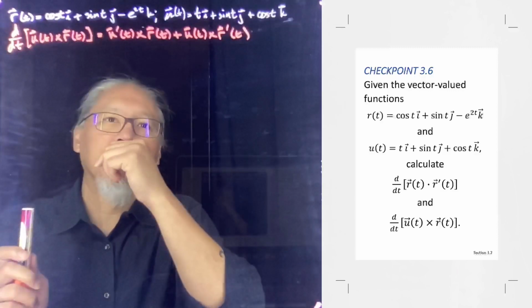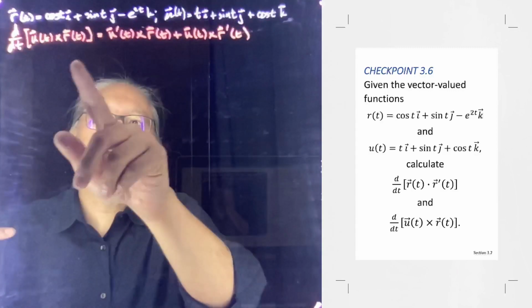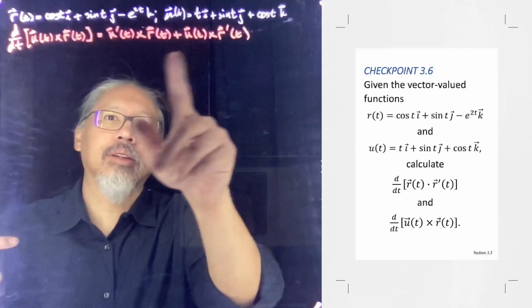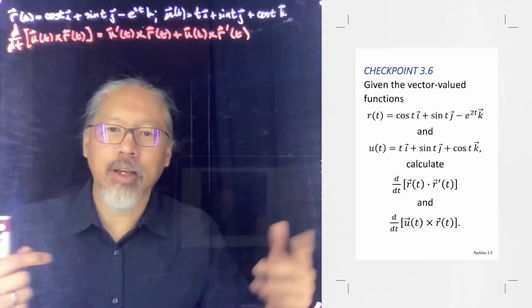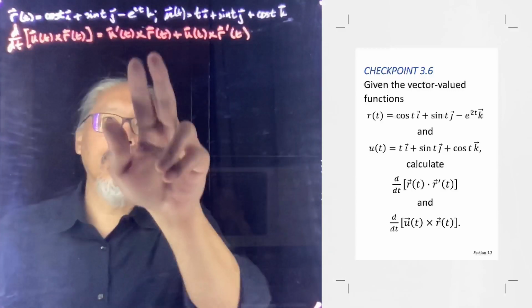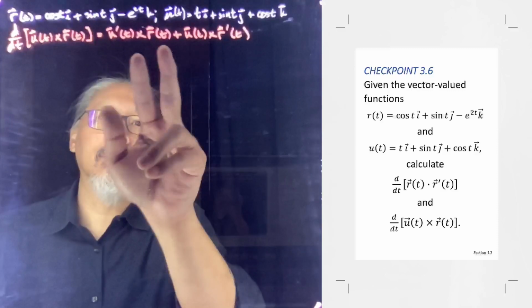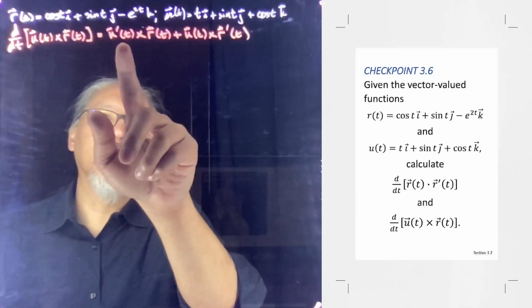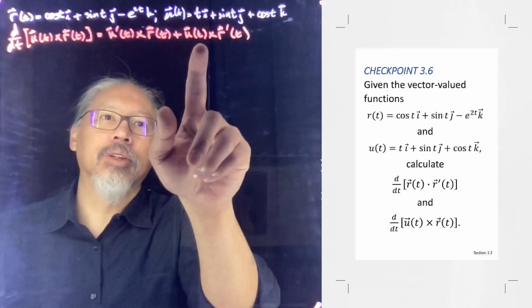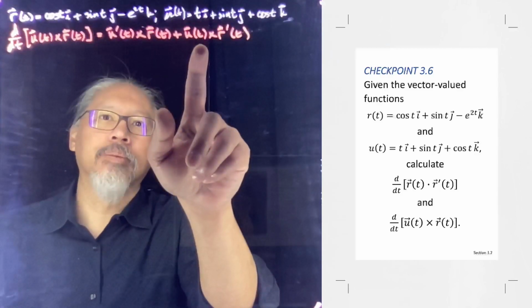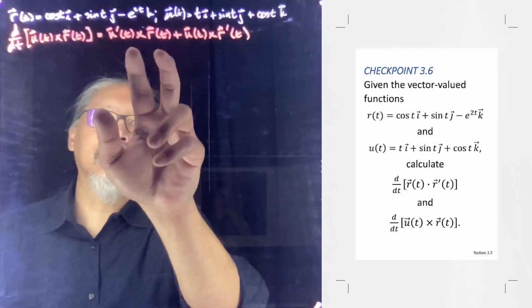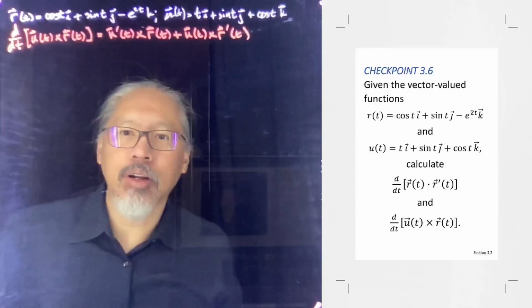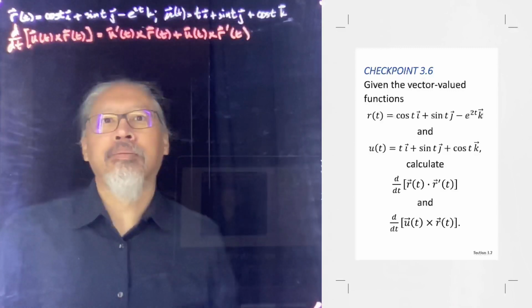So if you're used to saying the first times the derivative of the second plus the derivative of the first times the second, then you do it that way. One thing that you can't switch around is the u goes first. So whether you're taking the derivative or the original u vector, that has to stay in the first slot of the cross products.